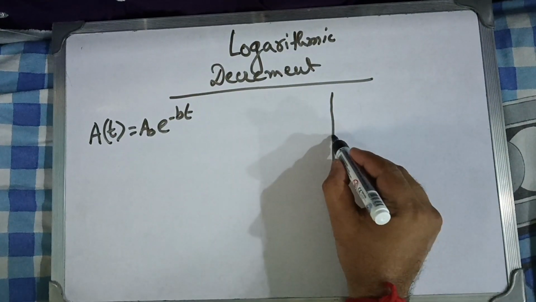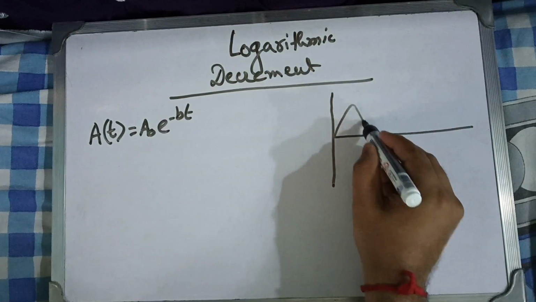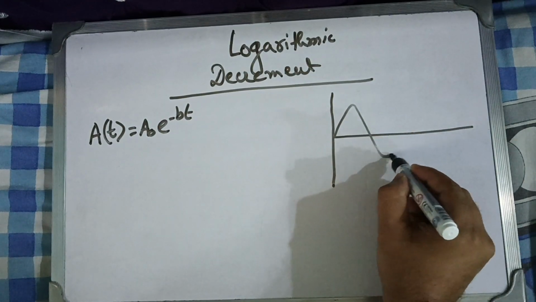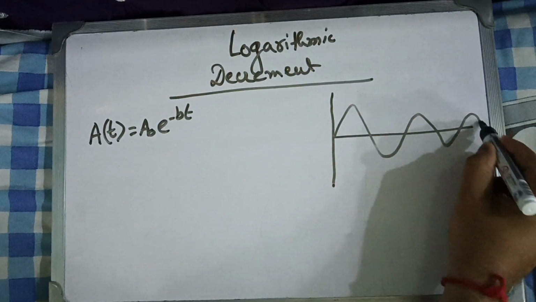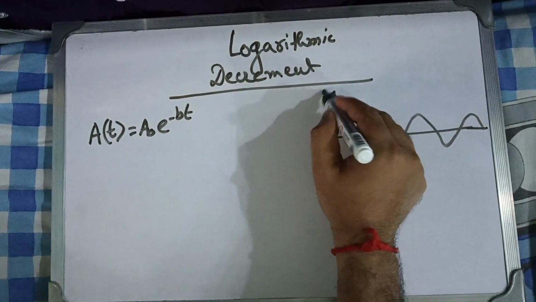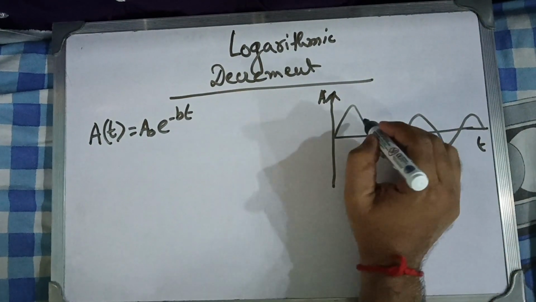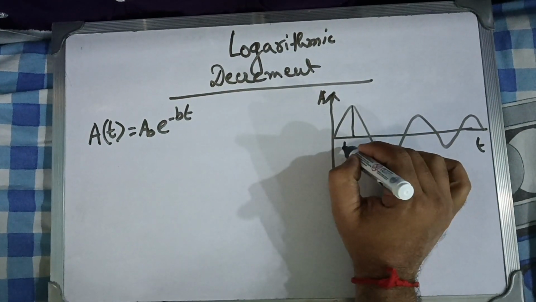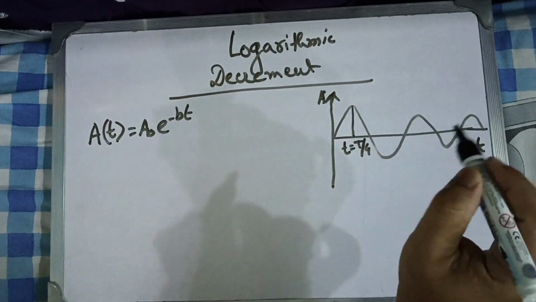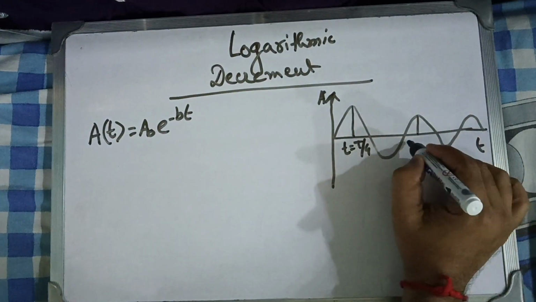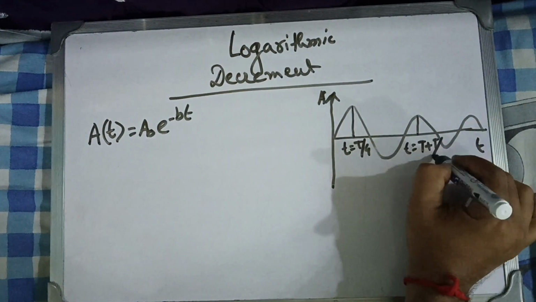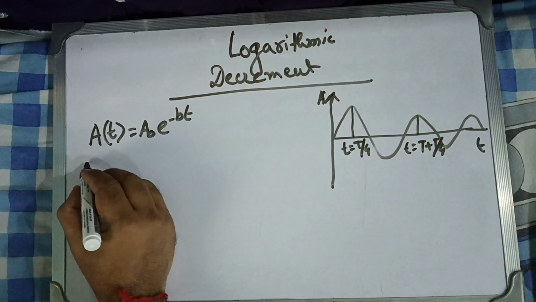In underdamped oscillation, that form is a0 e to the power minus bt sine root over omega square minus b square t plus phi. So that amplitude decays as a0 e to the power minus bt. So you can see the tip of this sine wave is basically decreasing, right?